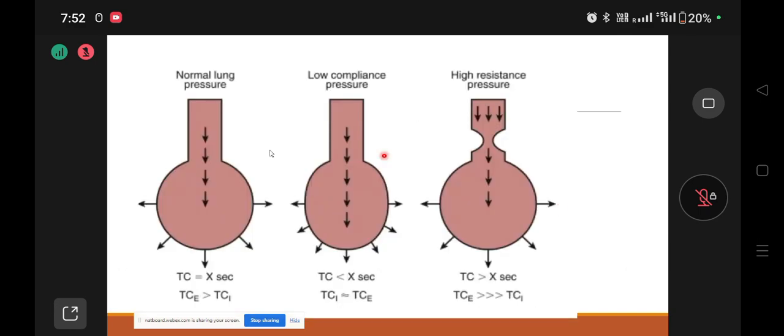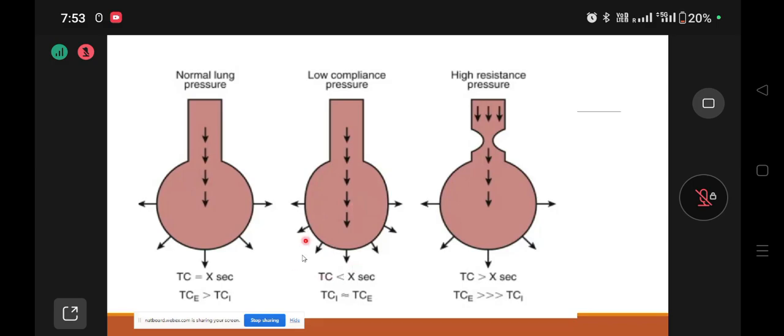This is what this picture depicts. This is a normal lung, and suppose the time constant is a particular value. Once you put in air, the alveoli open up. This is the time constant X for this lung. But if the child has low compliance, you push in air, but you need more time to really expand, because your lung has developed low compliance.